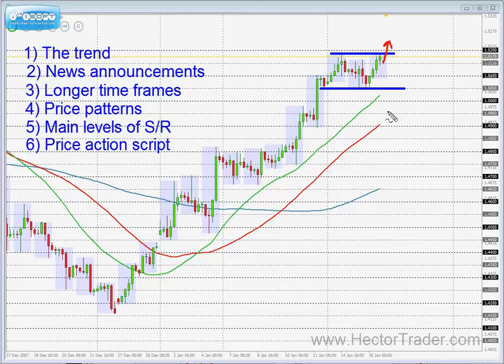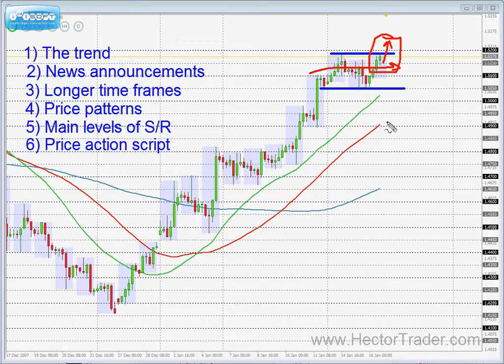I want to see a very particular pattern that I like to trade when it comes to sideways ranges, or rather, the breakout of those sideways ranges. But like I said, I don't want to get into that. That's all explained in detail in chapter number 2. However, what I want to see is a breakout to the upside.